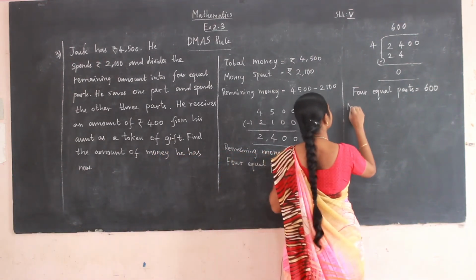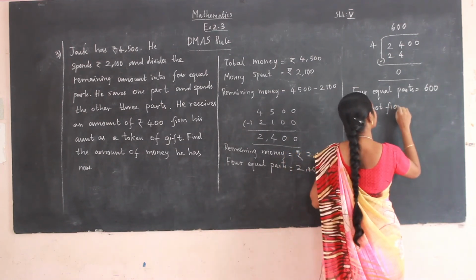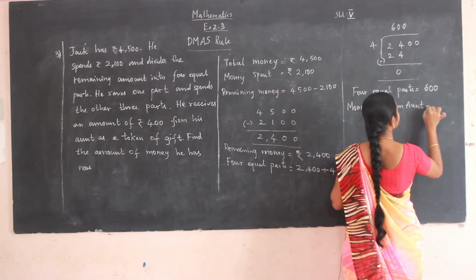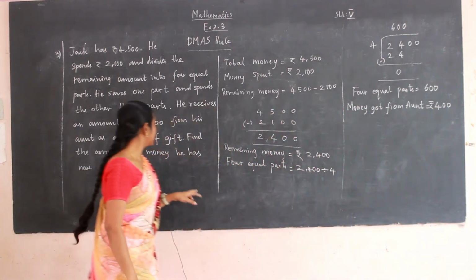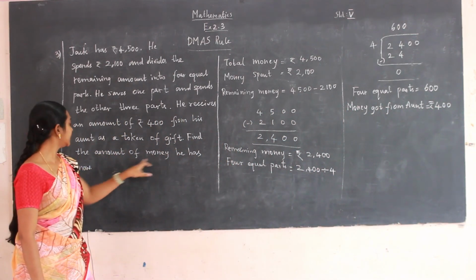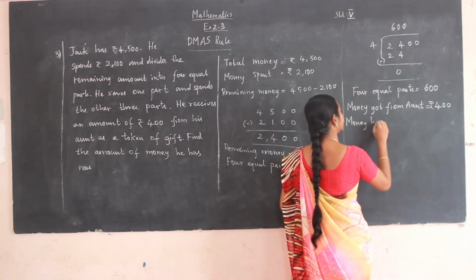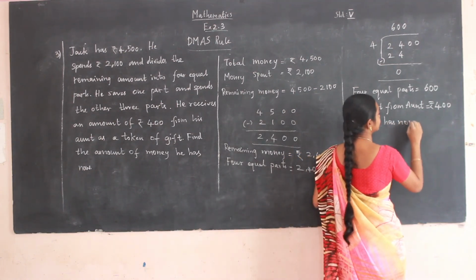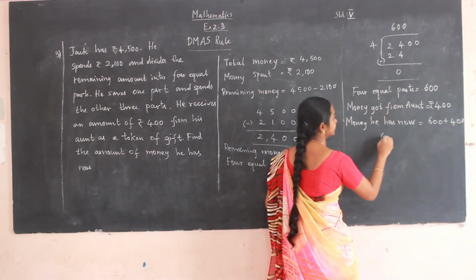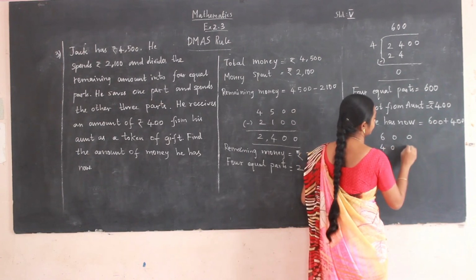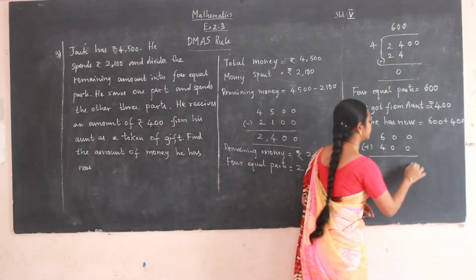So money got from aunt equal to rupees 400. We have to find the amount of money he has now. Money he has now equal to 600 plus 400. 0 plus 0 is 0.